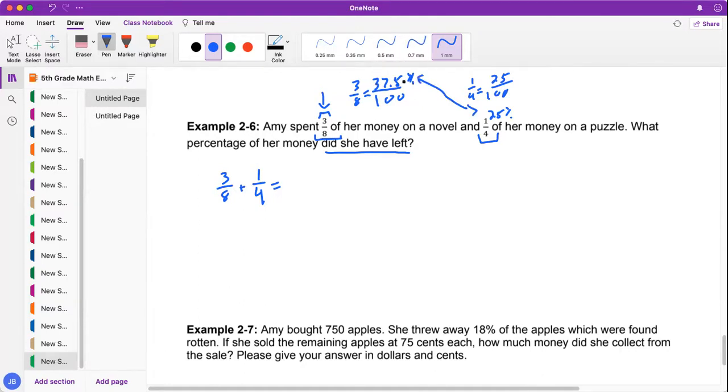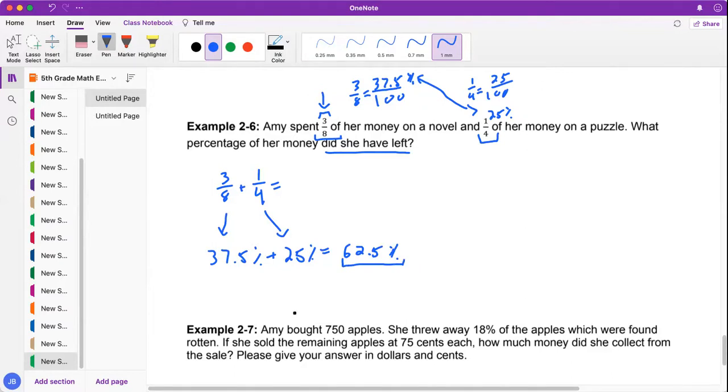So if we know that this one is 37.5%, we can add it to this one and we'll get 25%, right? Yeah, that's what I said. And so we can add these and we get about 62.5% total. And so then that's what money she spent, right?